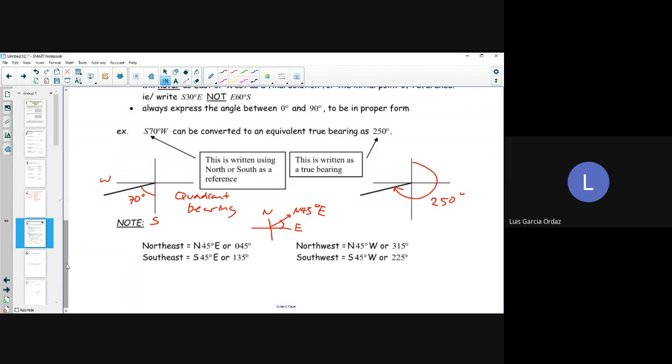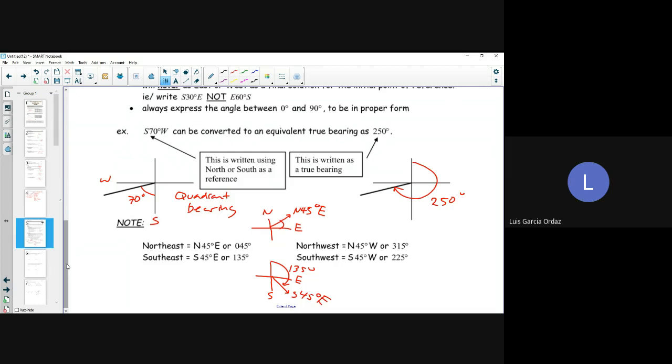If you're going to write southeast, which is in this quadrant over here, south and east, and this is 45 as well, but if we start from our north point and go clockwise, this turns out to be 135 degrees. So we can write this as south 45 degrees east.